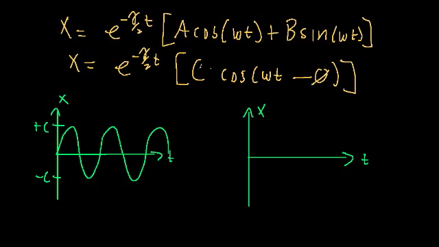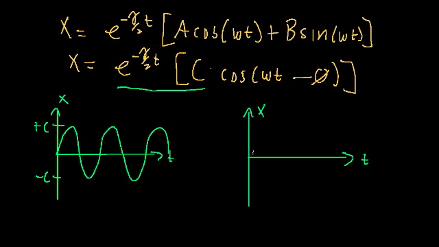So now let's draw out the full general solution. We still have a cosine though, so we're still going to have some oscillations in here. But the way you can think about it is, you can think of our amplitude as exponentially decaying. Our amplitude is going to get smaller and smaller and smaller as time goes on.